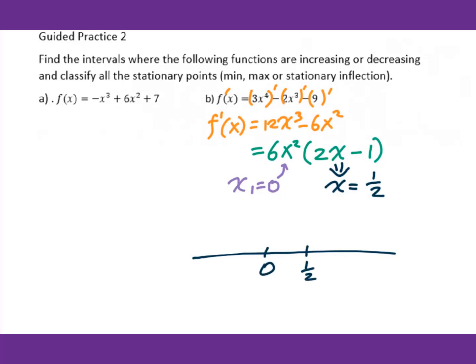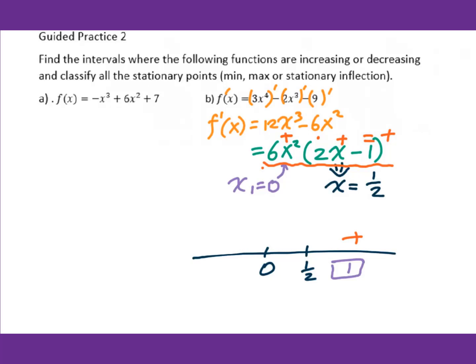We will choose 1 here. Still plug into the factored form function. We plug in 1, this will be positive. Plug in 1, positive. Positive multiplied by positive, still positive. Check 1/2 as a root.